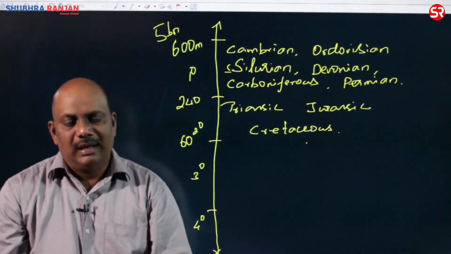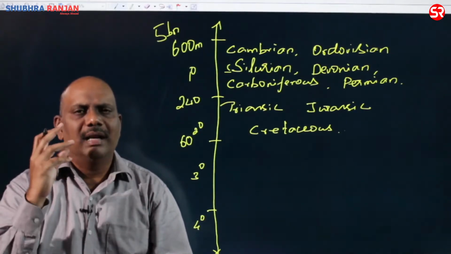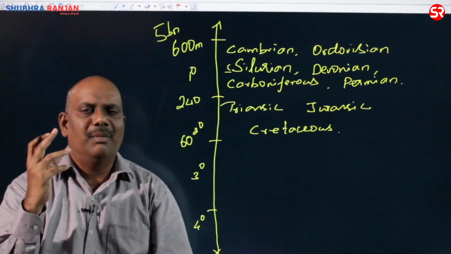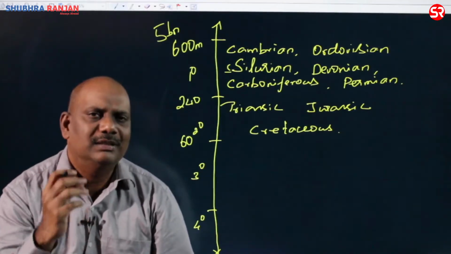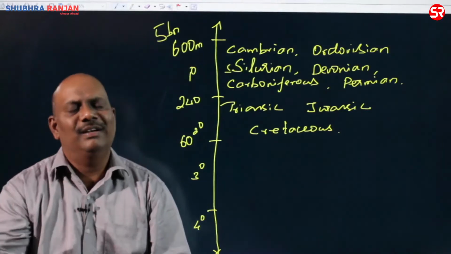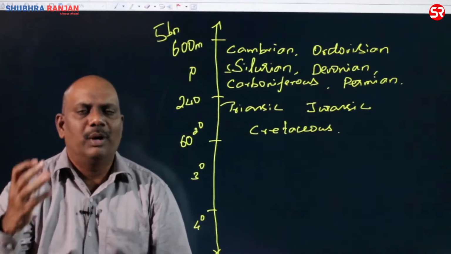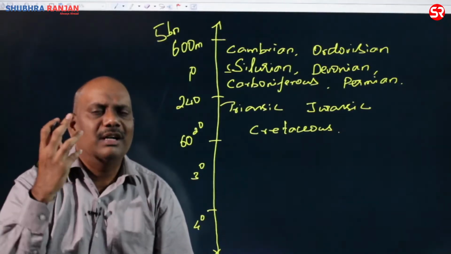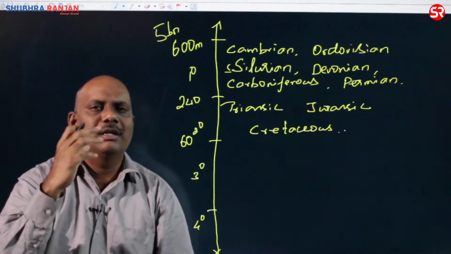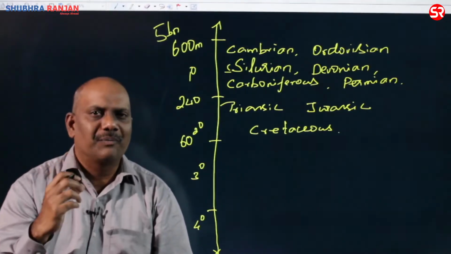Further, this Cretaceous period also saw the great mass extinction on the earth. I will discuss this mass extinction in later lectures. So what happened to the dinosaurs? One meteor or asteroid collided with our earth near the Yucatan Peninsula in Mexico.